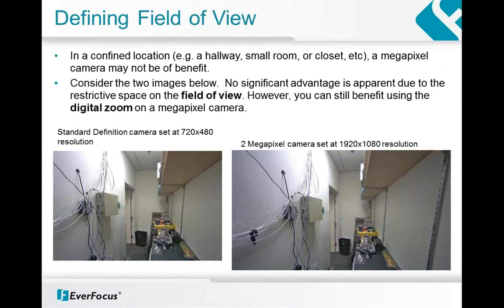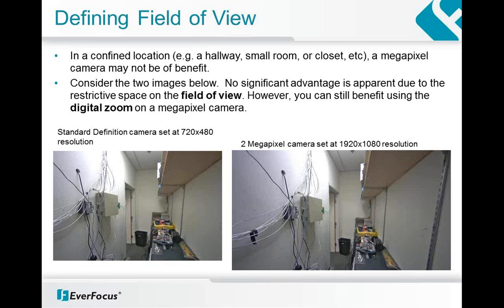Defining field of view. Again, here is another demonstration of standard definition versus high definition. In a confined location, a hallway, small room, or closet, a megapixel camera may not be beneficial to you. Consider the 2 images below. No significant advantage is apparent due to the restrictive space on the field of view.